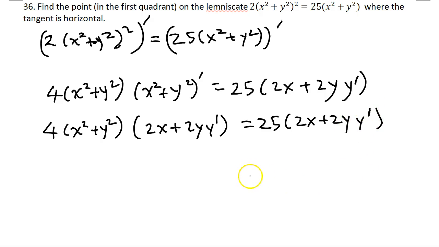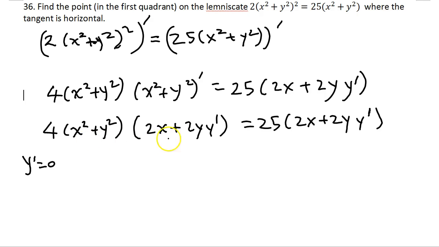I could proceed as I've been doing before, expand everything, isolate the terms with y prime, and solve for y prime. However, let's just take a shortcut. If we want a horizontal tangent, that means y prime is equal to 0. And since we're only trying to figure out for what x and y values y prime is equal to 0, let's just plug in y prime equal to 0 and look for the x, y values.